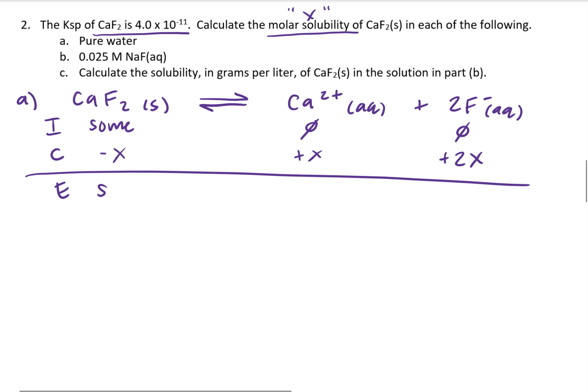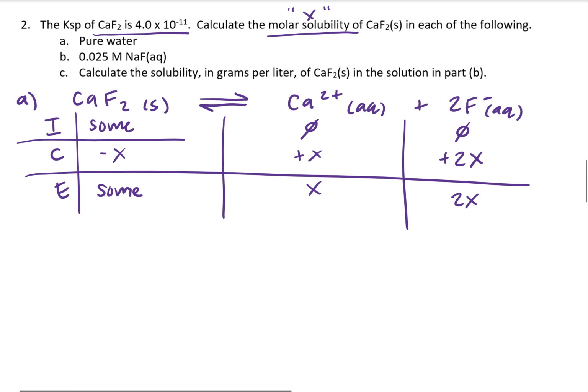So at equilibrium, you're going to have some amount of calcium fluoride, X amount of calcium ion, and 2X amount of fluoride ion. And they would like for us to calculate the molar solubility once this equilibrium is established. Essentially, you are solving for X because X represents the quantity of calcium fluoride that is undergoing this change. It is X from our ICE chart.